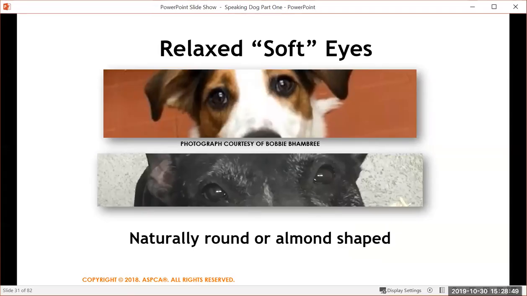There's nothing that's arousing in that situation. So these are two examples of dogs with soft eyes. It's going to depend on the shape of the dog's eyes, though. They may be naturally round anyway, or they may be almond shaped. Either of those shapes are appropriate, but they will have that soft appearance.